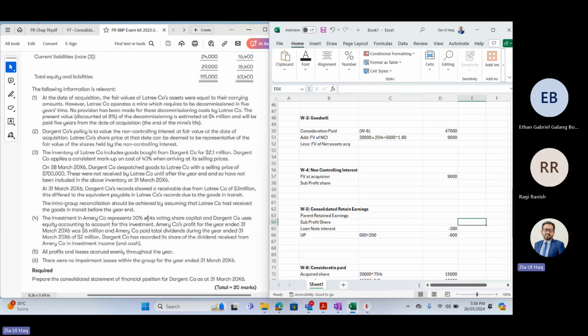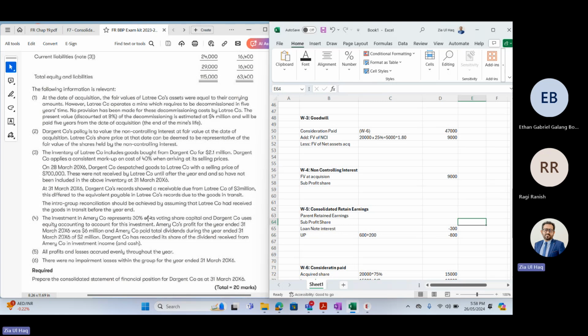This means for this 700 we need to adjust only what? Receivables, not the payables. In receivable we need to reduce 2.1 million and this 700. But payable we need to adjust for 2.1 million.